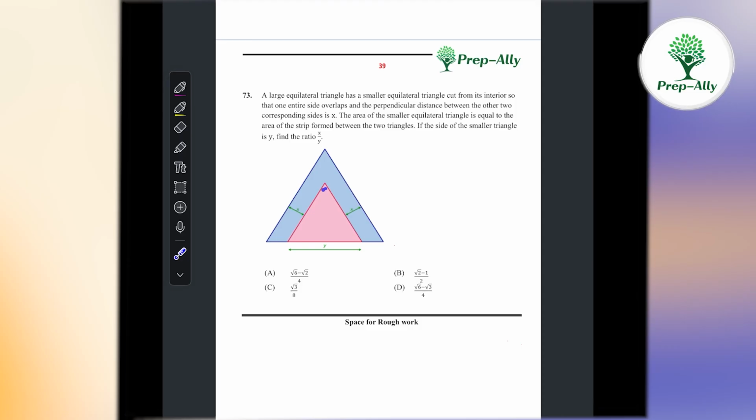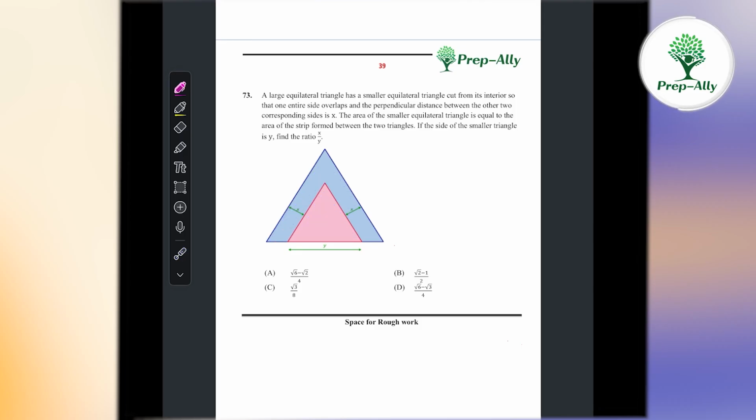And the area of the smaller triangle is equal to the area of this strip that's found. Which just means that the area of the bigger triangle is twice the area of the smaller triangle, because this area is equal to this area, and if we add them both up, we get twice the area, right?